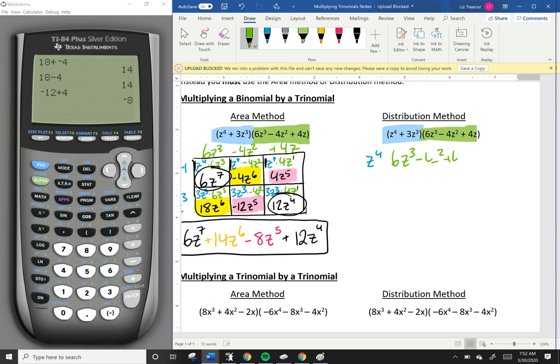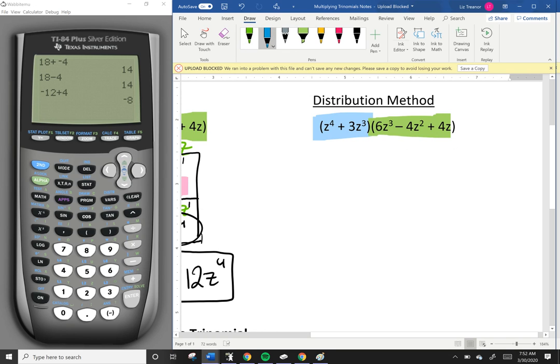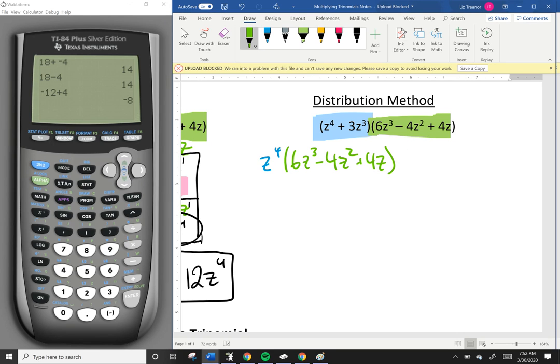I'm going to actually have to rewrite that because I was writing a little big. Let me zoom in. Z to the 4th times 6z cubed minus 4z squared plus 4z. All right, and now I'm going to do plus because there's a plus sign here. Plus 3z cubed times 6z cubed minus 4z squared plus 4z.